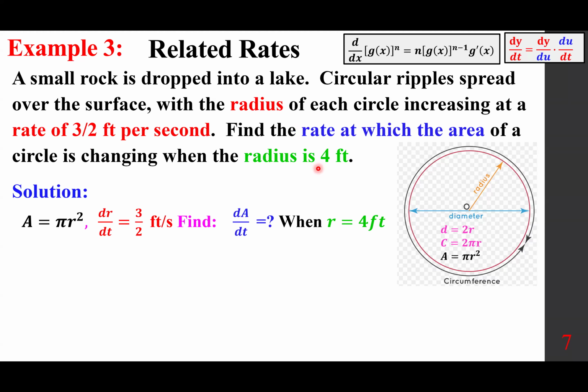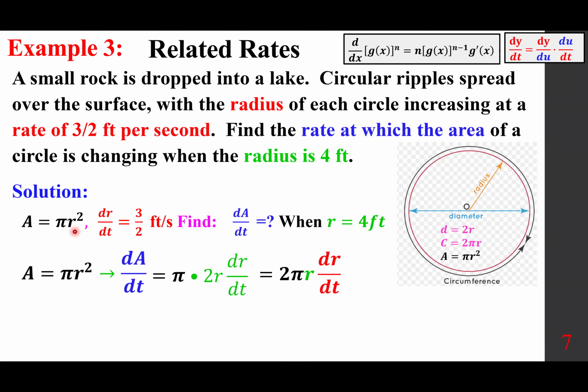Now, we are going to differentiate this with respect to time. A equals pi r squared. We want dA dt. First, we start with its coefficient pi, or multiplier, and it doesn't do anything. It just remains. We're going to differentiate r squared, which is 2r dr dt. So 2 pi r dr dt.